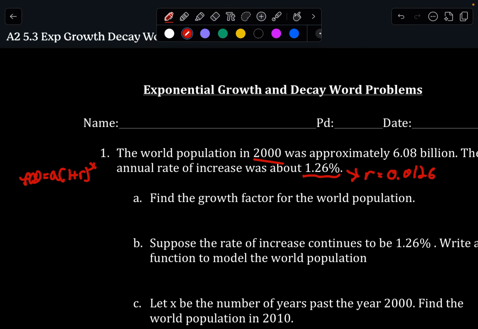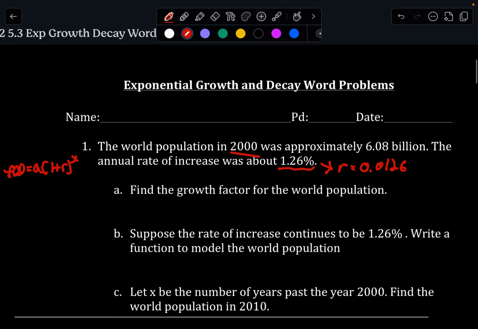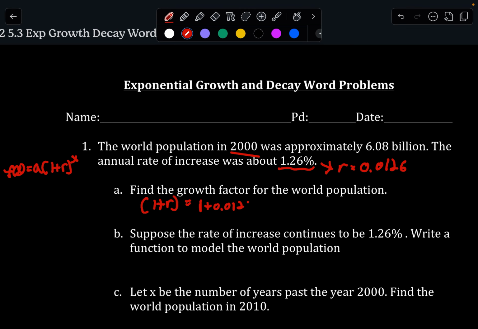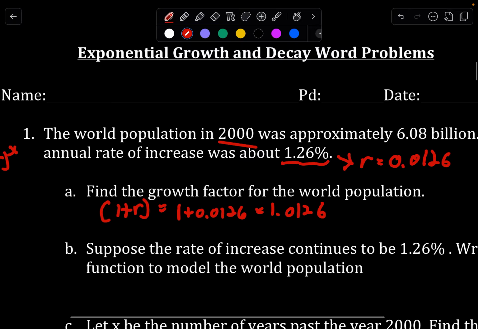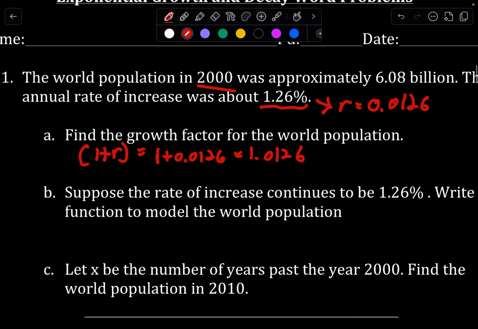Okay, so it says find the growth factor. The growth factor is 1 plus r, which is 1 plus 0.0126, which equals 1.0126. Now notice, the growth factor is bigger than 1. Thus, this is going to grow, because this is the base of the exponential function.